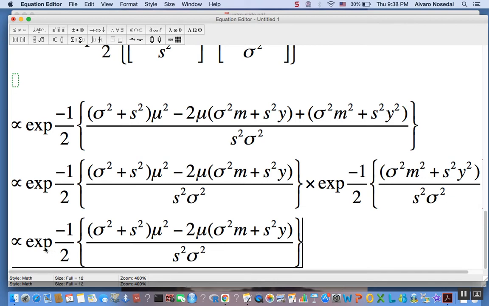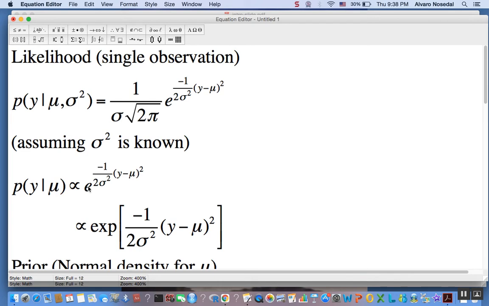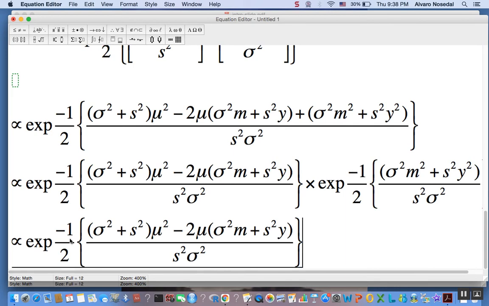Note that what we have here is e to the negative 1/2 times something. If we had an expression, a function that looked something like this, e to the negative 1 divided by 2 times something times y minus something squared, we would have the kernel of a normal, right? And so we almost have something like that.